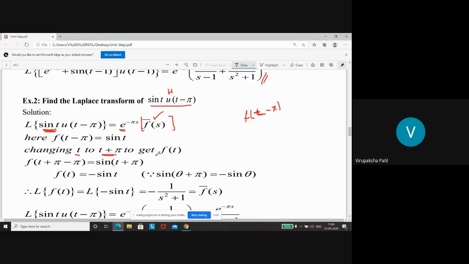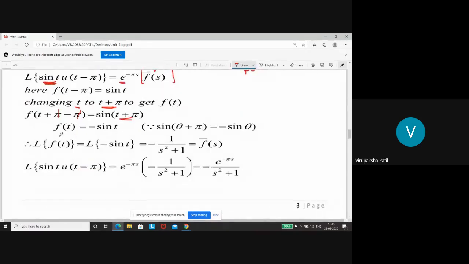We get f of t plus pi minus pi is equal to sine of t plus pi, wherever t is there, you have to put t plus pi. So this pi gets cancelled, and this part becomes f of t. Now this is sine of t plus pi, I will write this as minus sine t, because of the standard result: sine of pi plus theta, or theta plus pi, is minus sine theta.